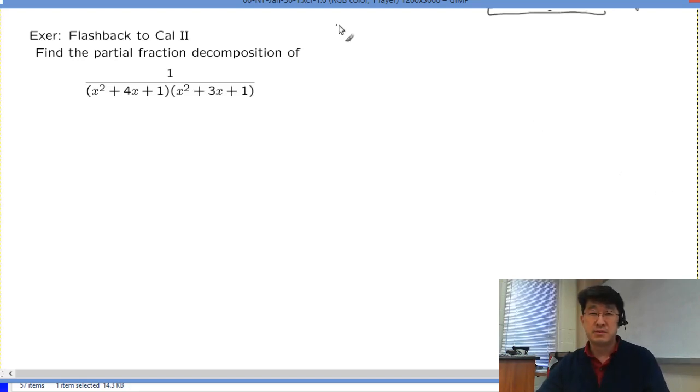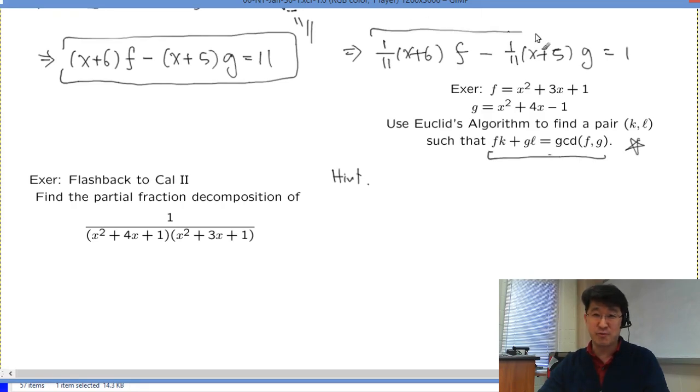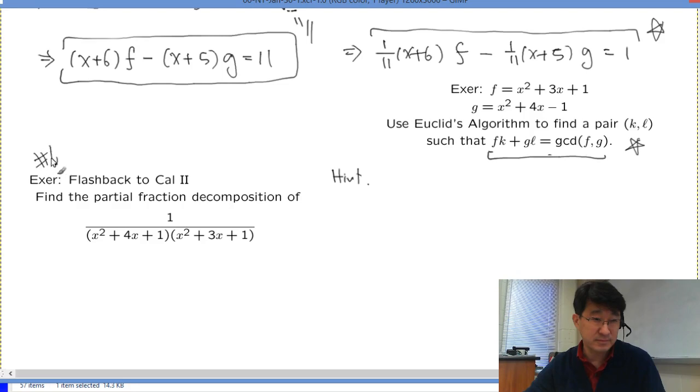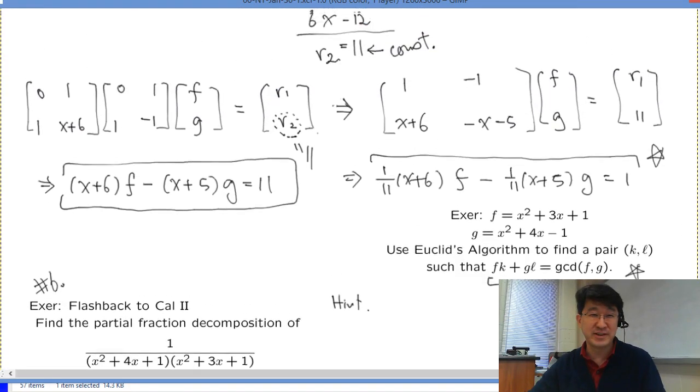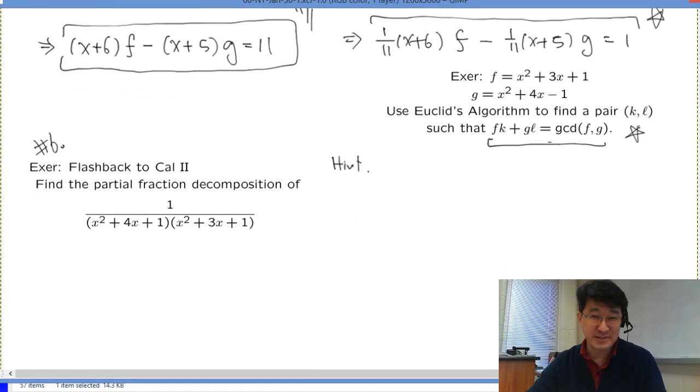What is the hint? That's right. Whatever we did has something to do with this one, right? So I want you to go in and stare at this guy really intensely and see what that is. That's our exercise number 6. If you see it, do it.